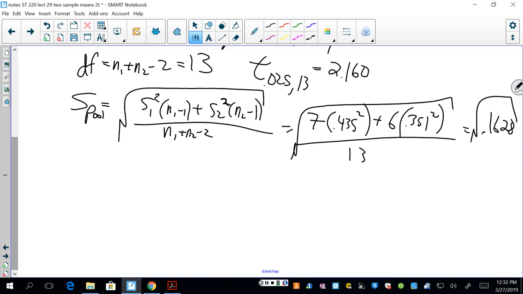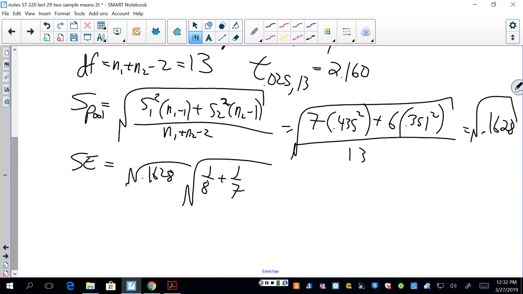We want the square root of that. And so the standard error that we want to use, you do the square root of that thing, and then there's 1 over 8 and 1 over 7. Our standard error, I did write down, ends up being about 0.236.